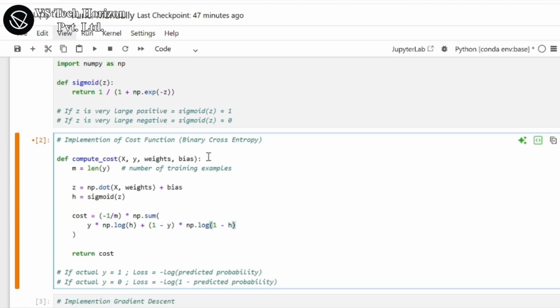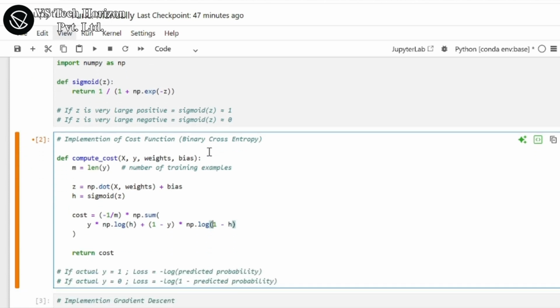Then comes the implementation of the cost function, or binary cross entropy. Here, logistic regression does not use mean squared error. Instead, it uses log loss, or binary cross entropy.